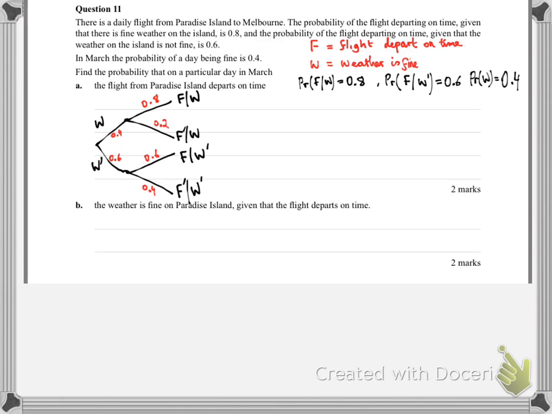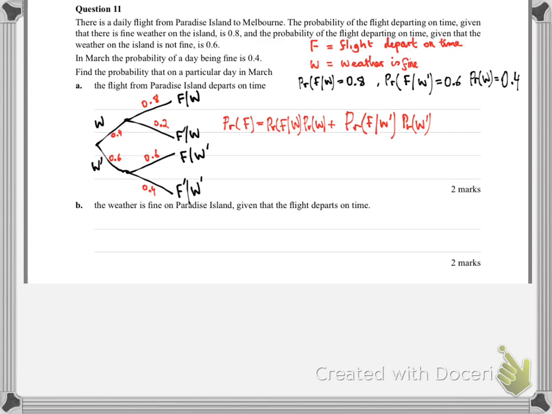So that's how we can work out all the possible probabilities. Now, the probability that the flight from Paradise Island departs on time. Okay, well, that's the probability of F only. Now we can come up with this rule. This is the law of total probability.